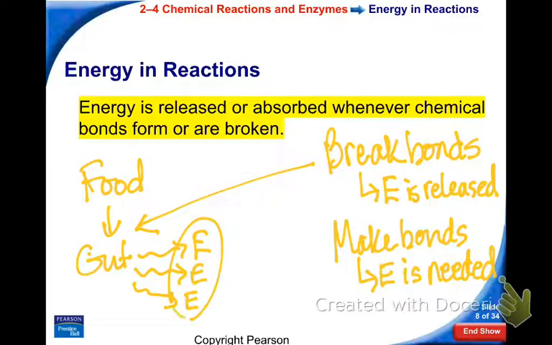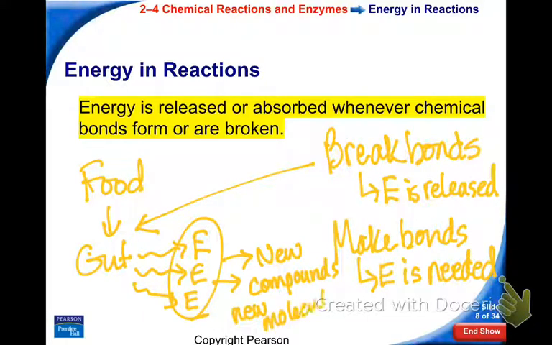That energy then is used to form new compounds, new molecules. In order to make these new molecules and compounds, you need energy. See, in order to make the bonds, you need the energy that was released from breaking down things.